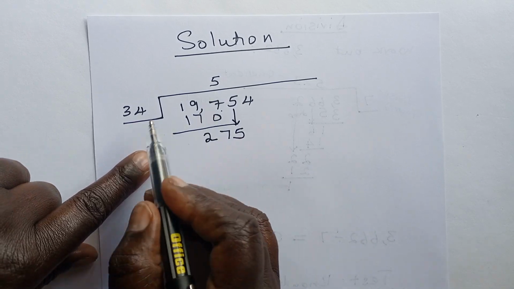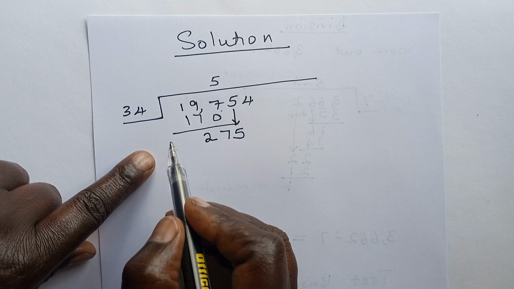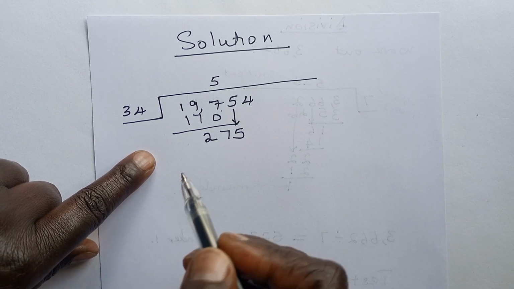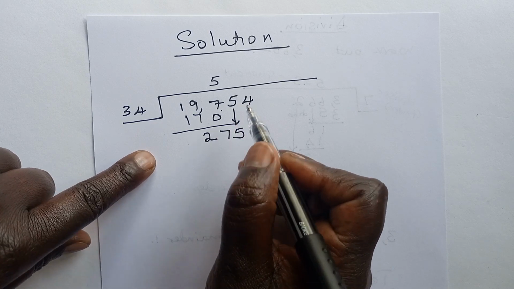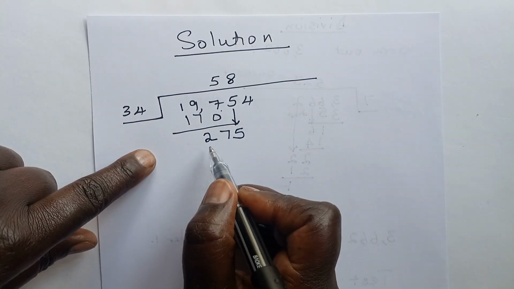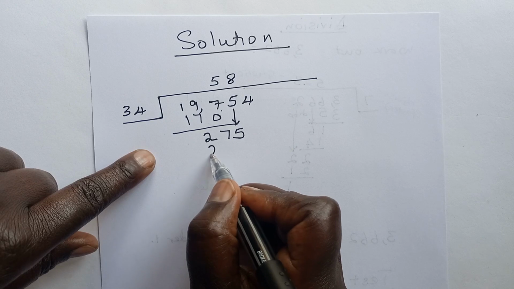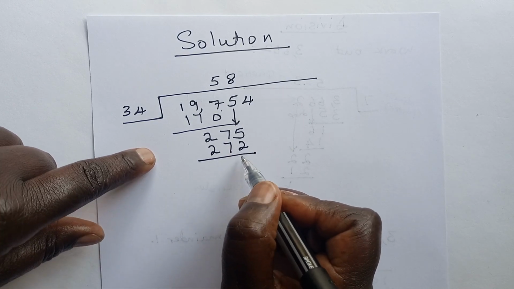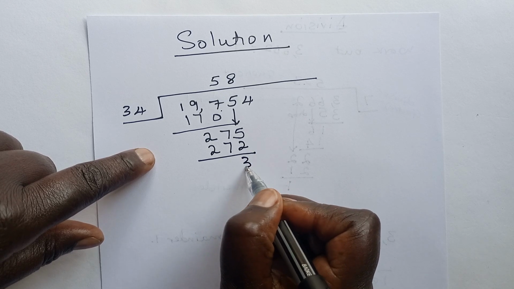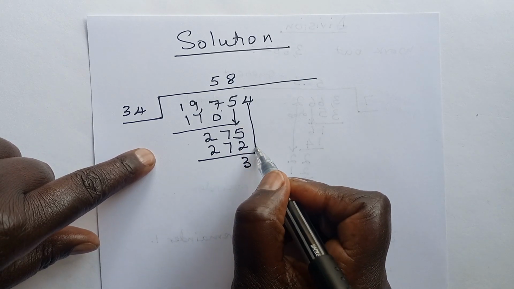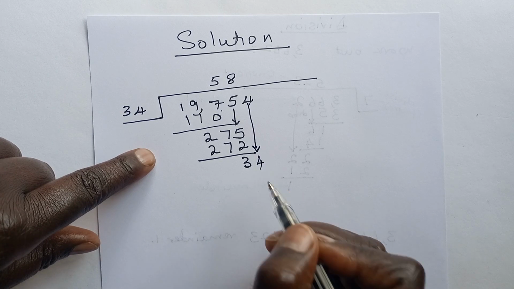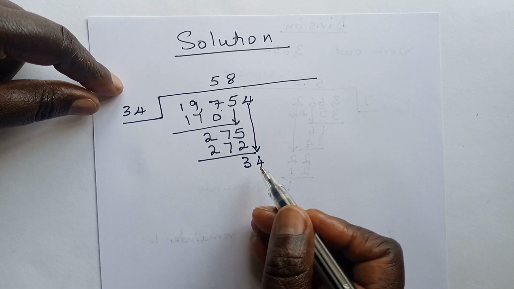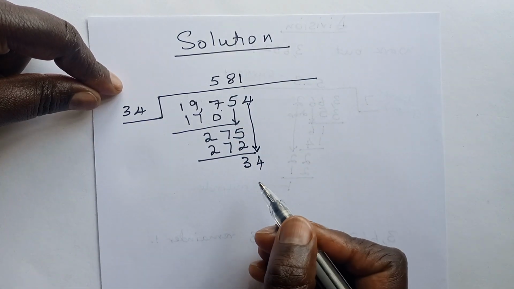Get a number you multiply by 34, you will get a number close to 275, but less than 275. This number will be 8. You multiply by 34, get 272. Subtract, you will have 3. Now drop 4. 34 is exactly the same as our divisor, so it will go into that once.